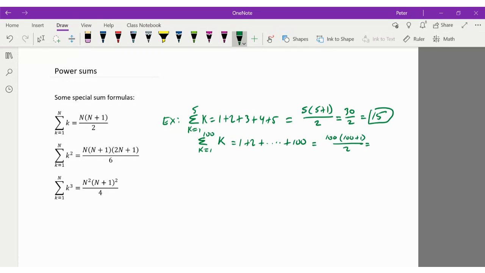So that's going to be 10100 over 2, which equals 5050. So you can see why it's useful to have a formula for that, because although you could add up 5 integers, adding up 100 integers is not as easy unless you have a computer.